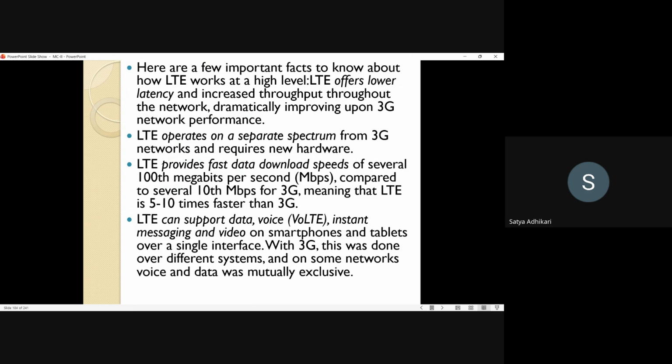Mutually exclusive means voice and data cannot be communicated at the same time. But with LTE, they can occur simultaneously over a single interface.